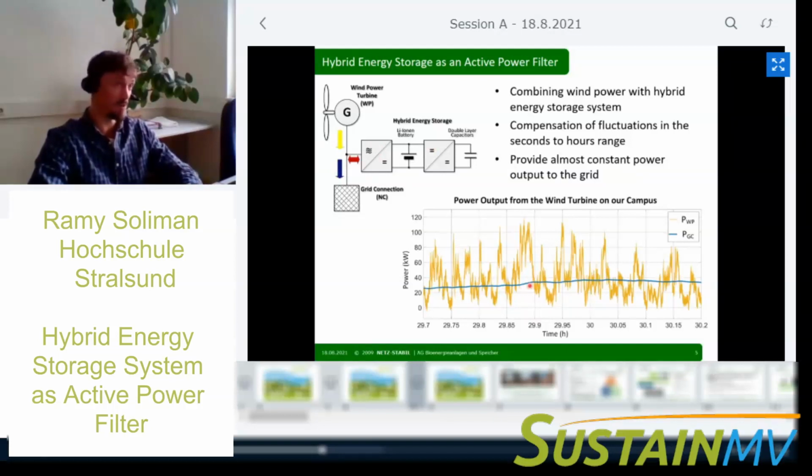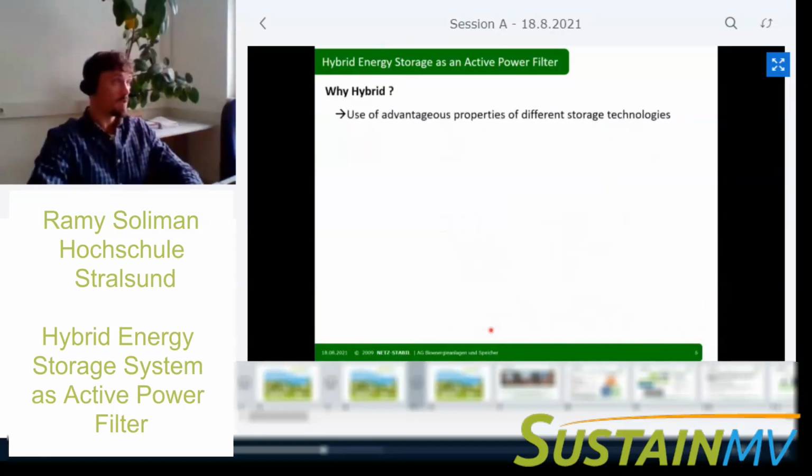We don't want to store energy for days or weeks. Therefore, we don't need huge storage capacities. Our goal is to compensate power fluctuations in the time range of about seconds to hours. So why do we go with the hybrid energy storage approach?